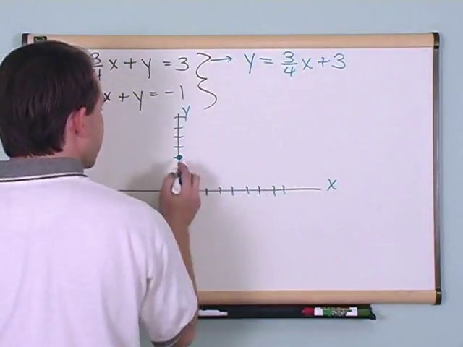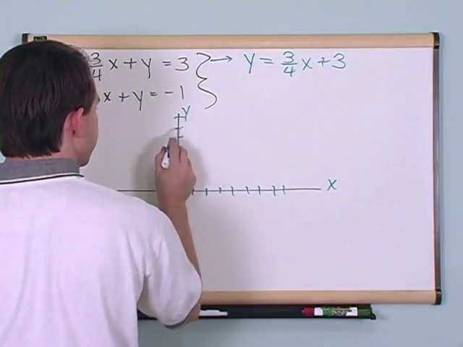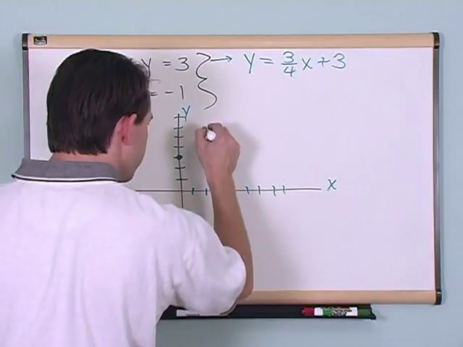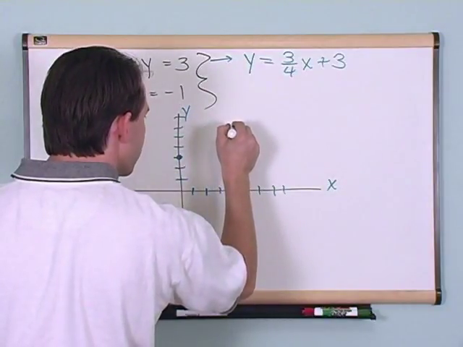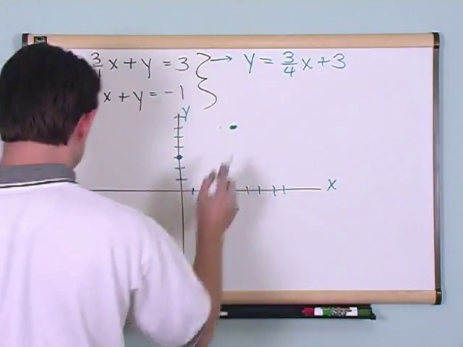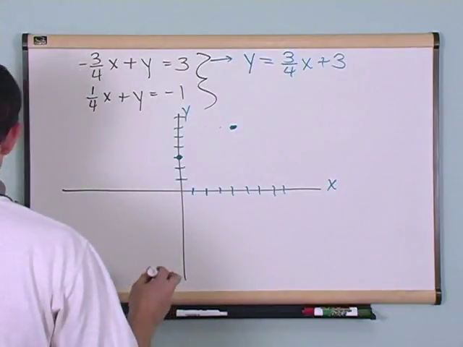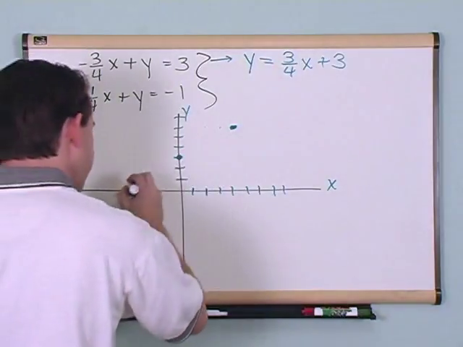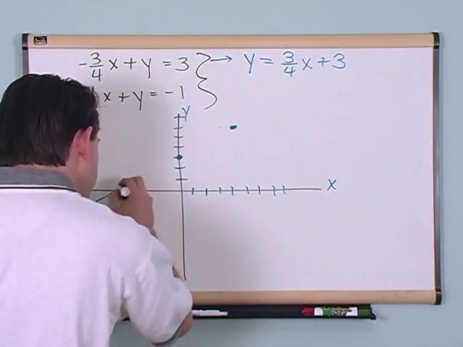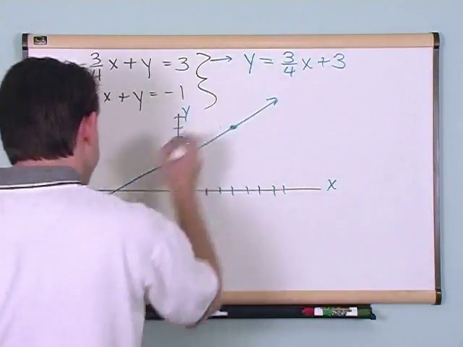And then I can use my slope, rise of 3, 1, 2, 3, run of 1, 2, 3, and 4. So that's right here. Okay? And so I can just use that to draw a nice line like this.